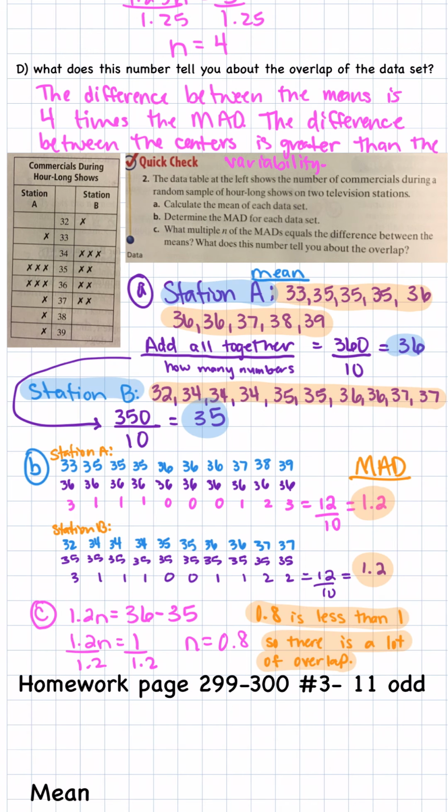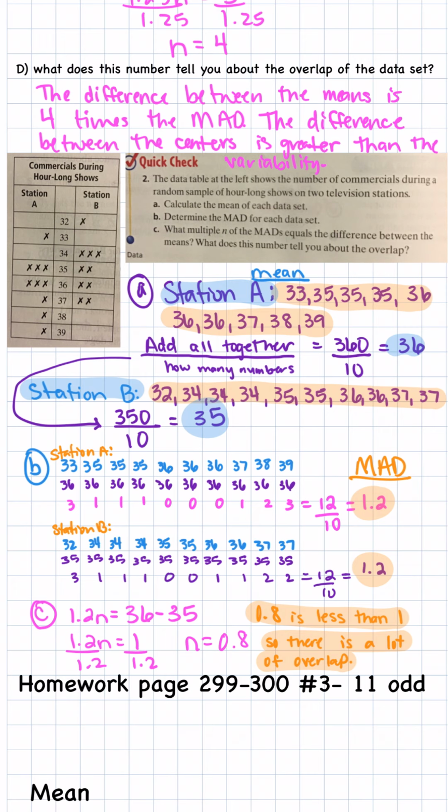Okay, so Station A's mean was 36, Station B's was 35, Station A's MAD was 1.2, Station B's MAD was 1.2. So for C, it was 0.8, and 0.8 is less than 1, so there is a lot of overlap.